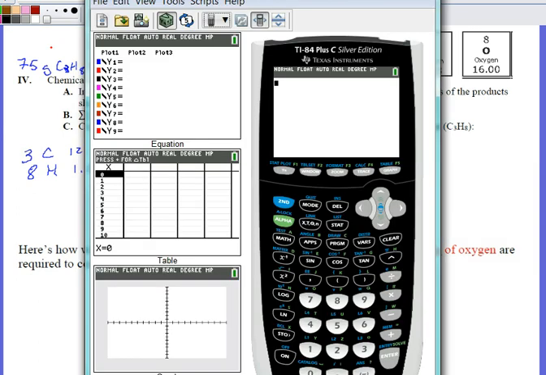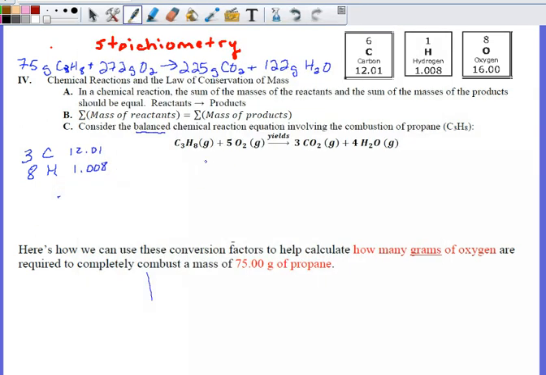And if you're going to multiply that out, you have 3 times 12.01 plus 8 multiplied by 1.008, and you get 44.094, but you're only allowed 2 decimal places, so you would report that as 44.09, and that unit is grams per mole.